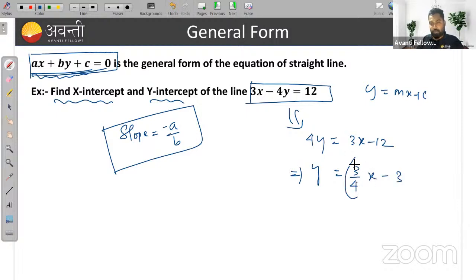So your slope becomes 3 by 4, and your y-intercept becomes minus 3, right? And what will be your x-intercept? The x-intercept will be when you put y equal to 0. Is it simple or not?